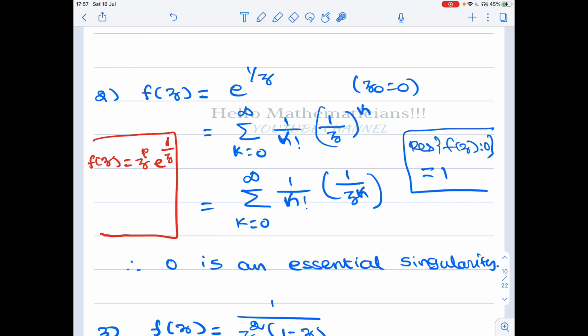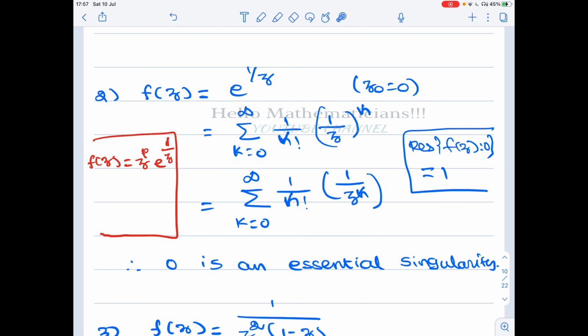Now if you notice in this series expansion of e^(1/z), there are infinitely many negative terms, therefore it is an essential singularity. What is the coefficient of 1/z? It is 1/1!, that is 1, therefore the residue is 1.